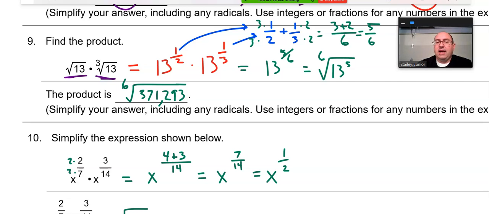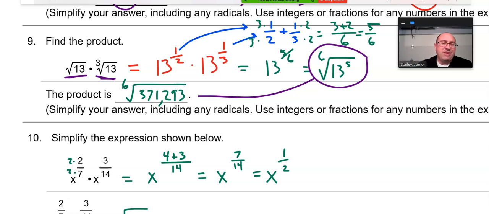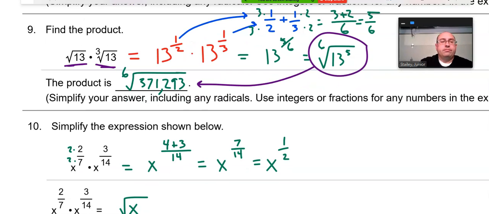Like I said, I don't know whether it's going to take this answer or whether they're going to make you actually multiply it out. 13 to the 5th is 371,293. And I don't know which one it'll take. Hopefully it'll just take the 6th root of 13 to the 5th.